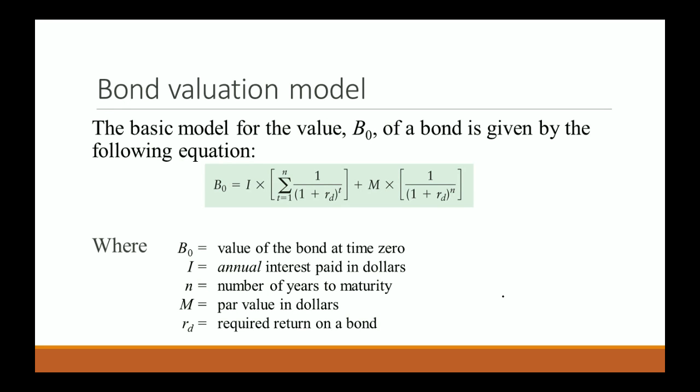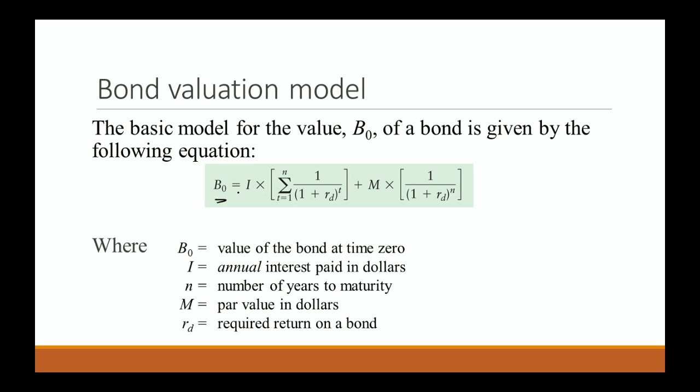So if we were going to apply this to bonds, and we wanted to find the value of the bond today, so we're wanting to solve for B naught, the B with the little 0. That is the value of the bond today. It is equal to the present value of all interest payments. So every interest payment that you would receive, you take the present value of those and add them together.